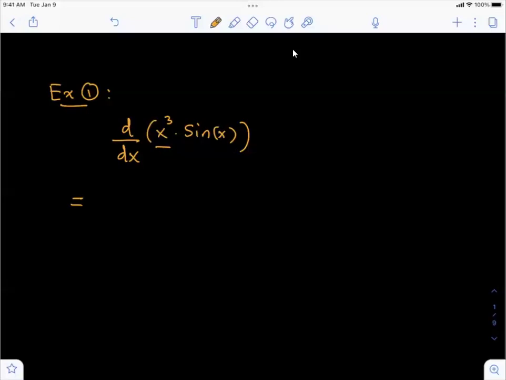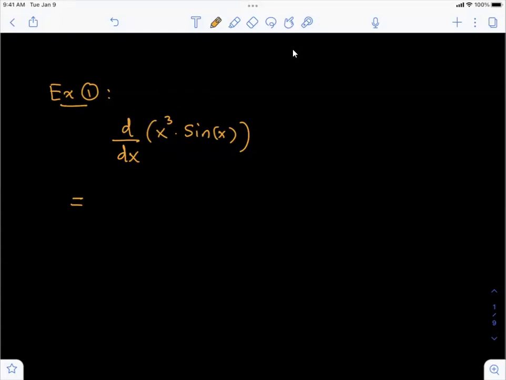By any chance, if you write them in the reverse order, because multiplication is commutative, you can just switch the positions. That's not going to change anything in this process because this process does not require the order. All that matters is to grab whatever the first function is right in front of you, and take the derivative.